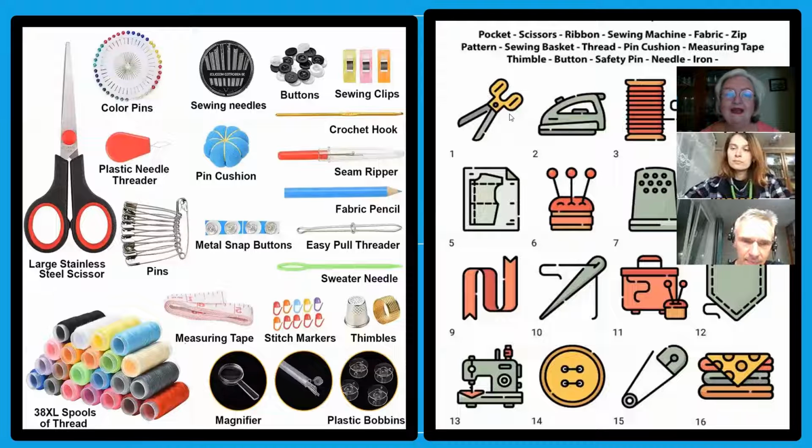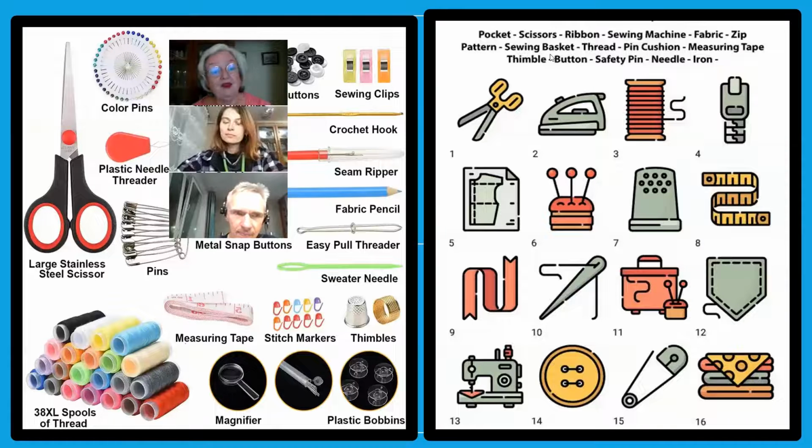So we're going to try and name the things on the next page here. So number one, Elena? Scissors. Number two, Alex? Iron. Number three, one each. Cotton. The next one?